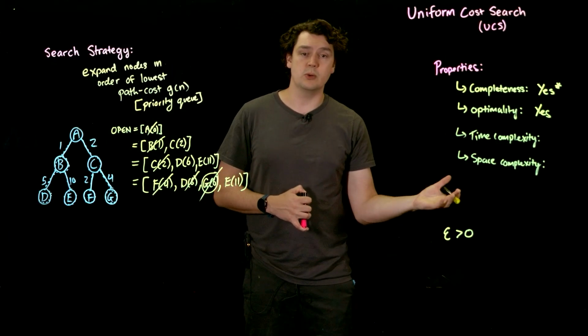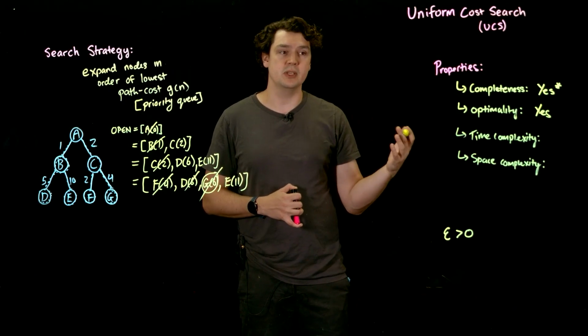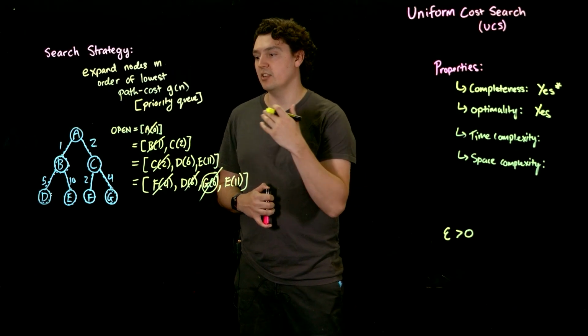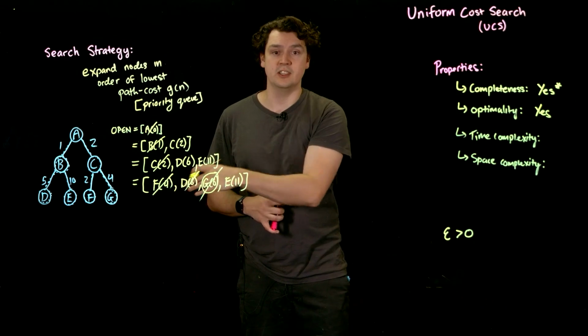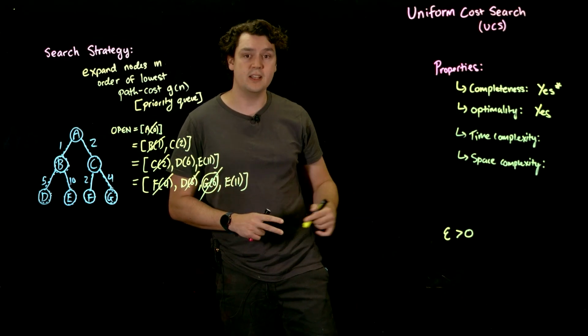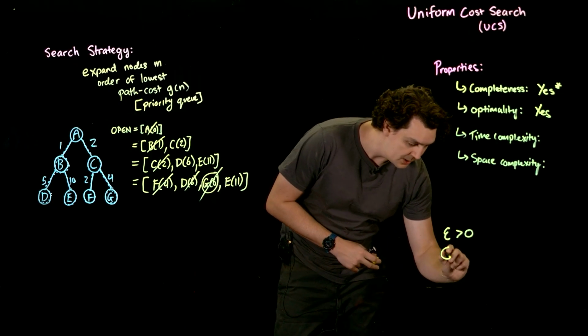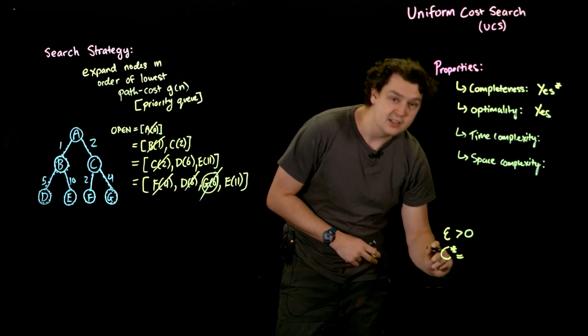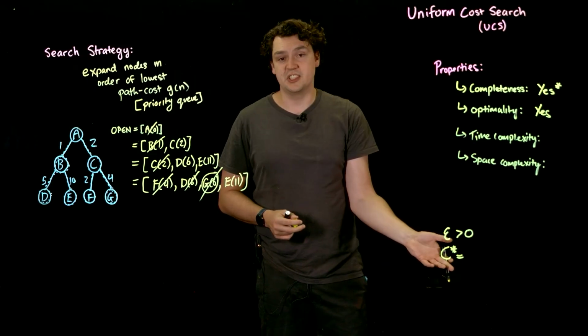So what we'd notice is that the complexity actually depends on what the cost, the G of n of the optimal solution, will be. So we're going to define the cost of the optimal solution. We'll do C star. This is just C for cost.